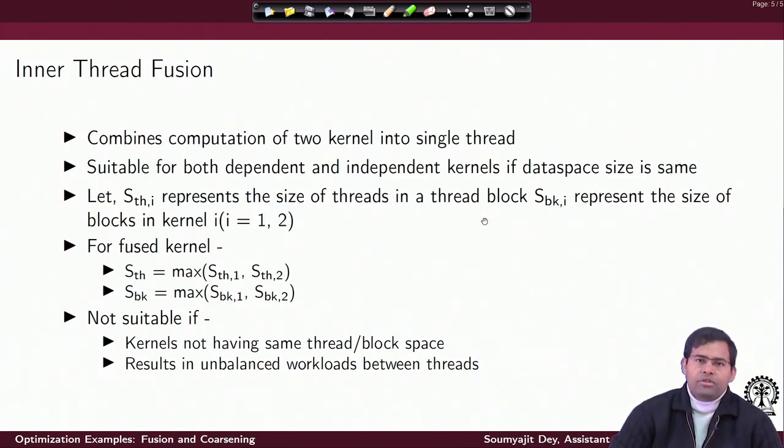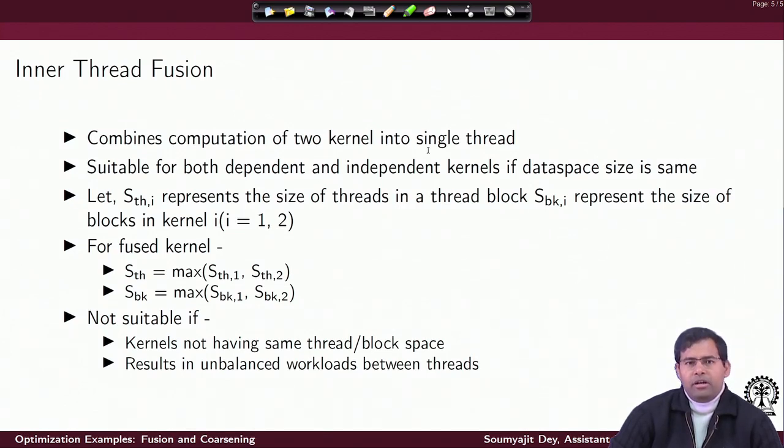Now, the issue is how do I decide on the threads per block and the number of thread blocks when designing an inner thread fused kernel. You are combining the computation of the 2 kernels at the single thread level. It is suitable for both dependent and independent kernels.